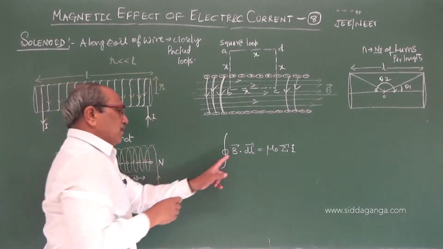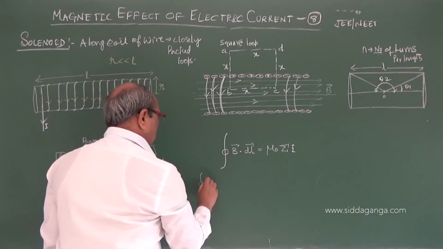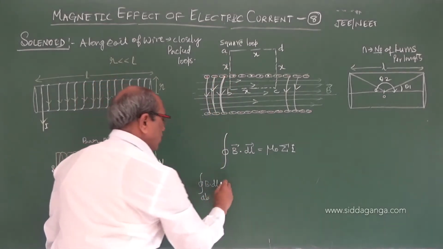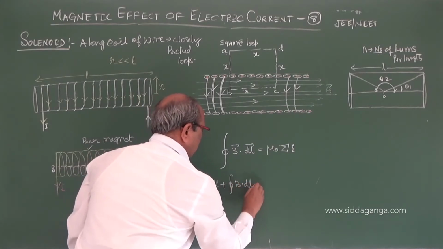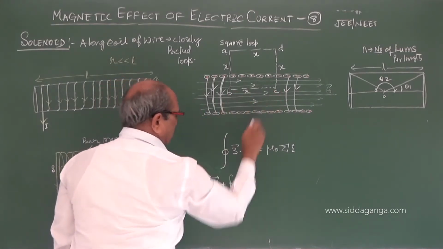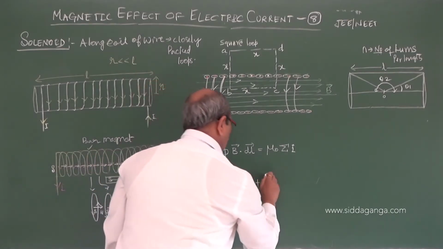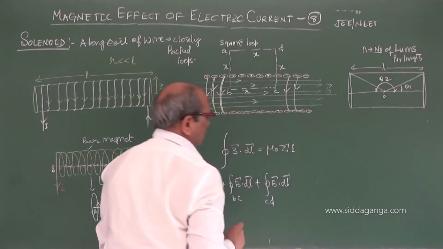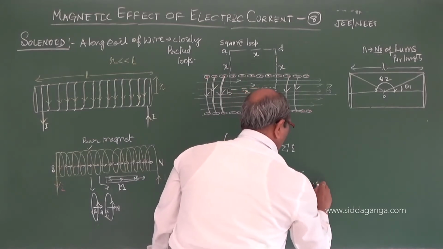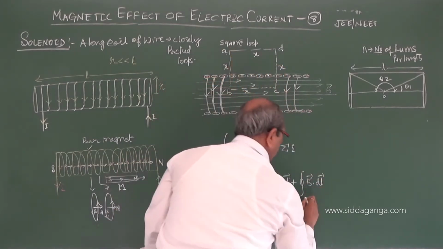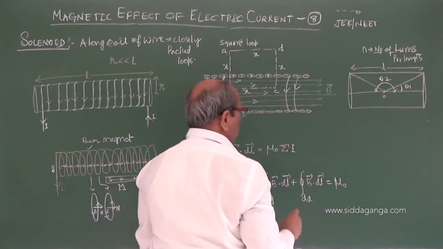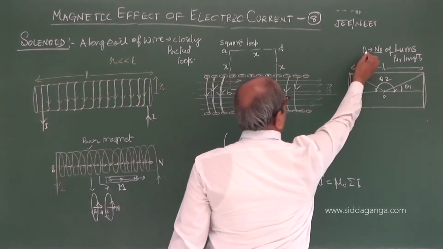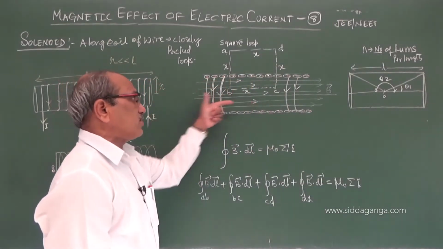So on the left-hand side, the line integral of B dot dl over side AB, plus the line integral of B dot dl over side BC, plus the line integral of B dot dl over side CD, plus the line integral of B dot dl over side DA, is equal to mu naught times the summation of I. Here n is the number of turns per unit length of this solenoid.